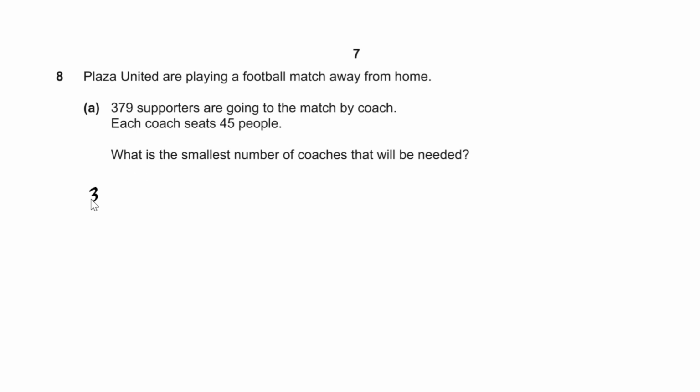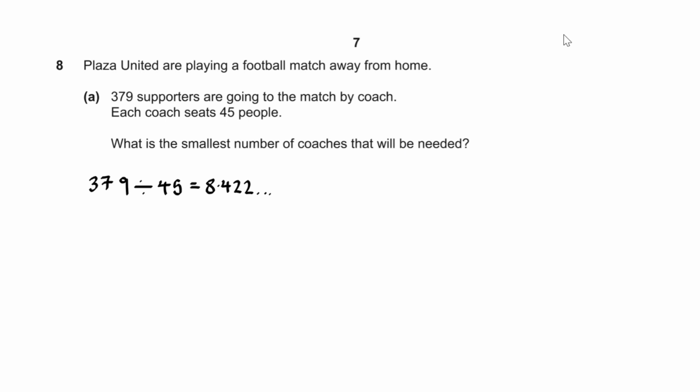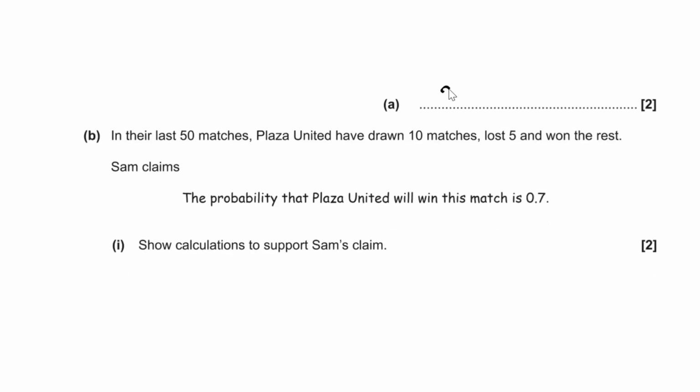And to do that, we can do 379 divided by 45, which is 8.422, etc. And therefore what you can see then is we need 9 coaches.